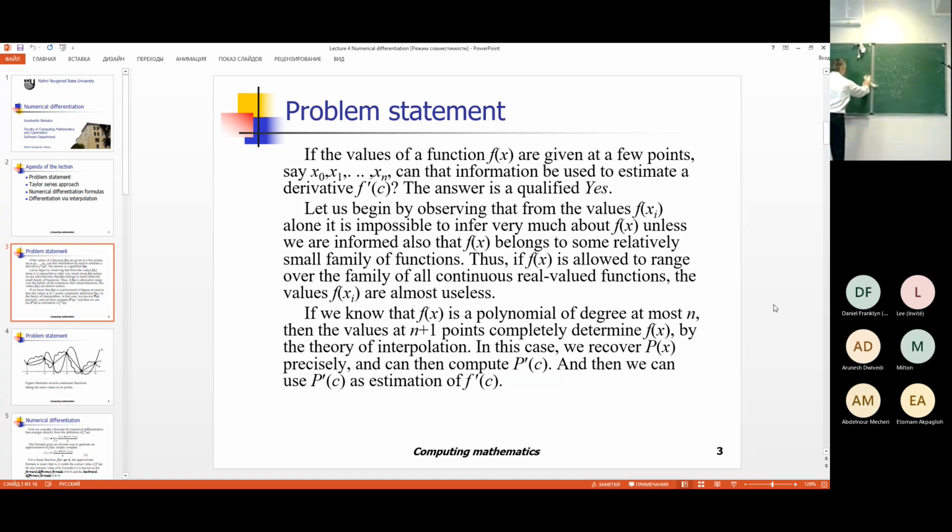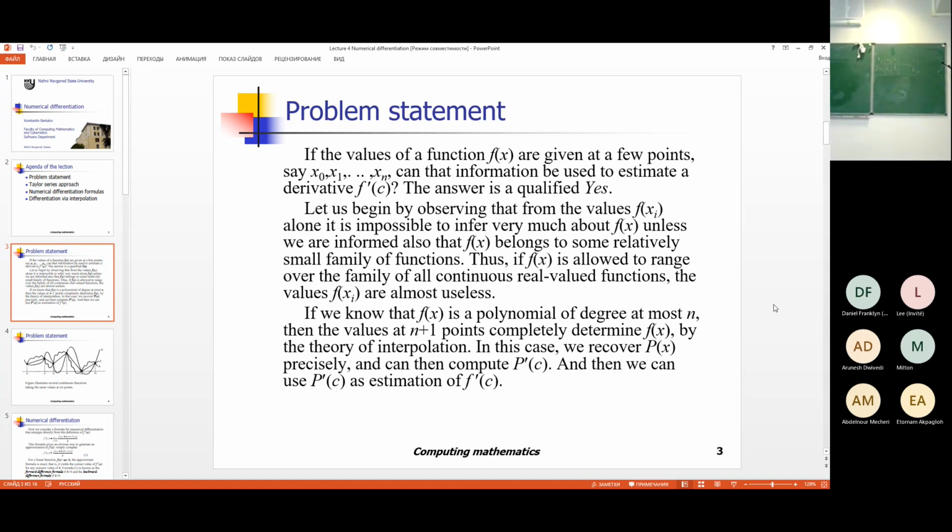And in general, the information for this problem is the same as for the problem of interpolation. We have only a few points, x0, x1, x2, and so on.